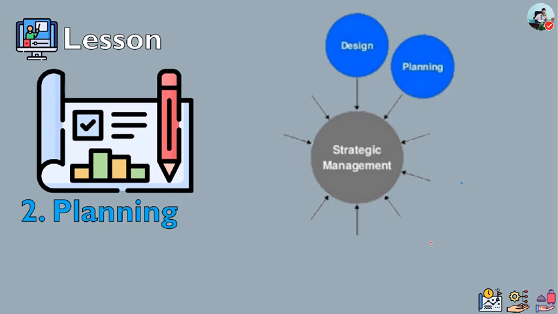But the highlight in the second school of thought, planning, is where the organization sets the mission and vision statements together with the objectives and goals. Same with our educational institution, we have the mission, we also have the vision, goals, and objectives. So in this second school of thought, we are planning about these areas.